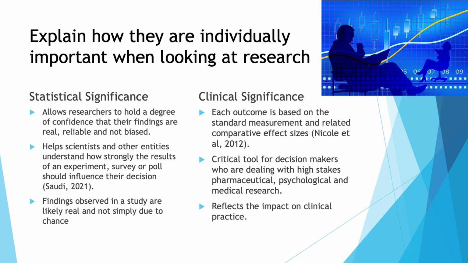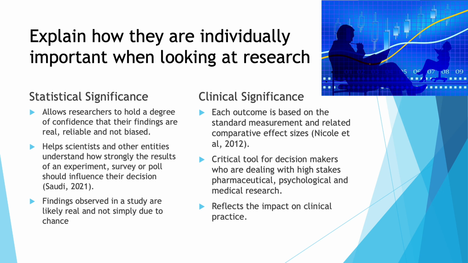In other words, that their findings observed in a study are likely real and not simply due to chance. Also, statistical significance helps scientists and other entities understand how strongly the results of an experiment, survey, or poll should influence their decision.